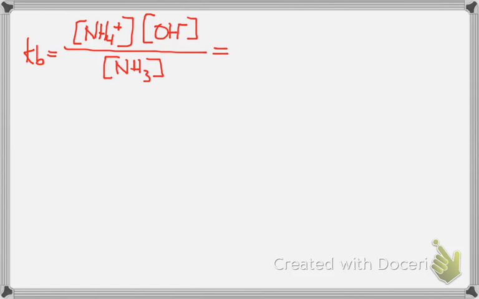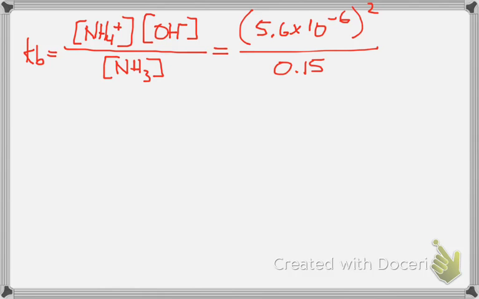And we've already said that the value of the ammonium and the hydroxide is 5.6 times 10 to the negative sixth. And we can square that value, since they're both the same thing. And we're going to divide that just by 0.15. If you take a look at that minus x, it's not going to make any difference, because 5.6 times 10 to the negative 6 subtracted from 0.15 isn't going to be equal to anything different than 0.15.